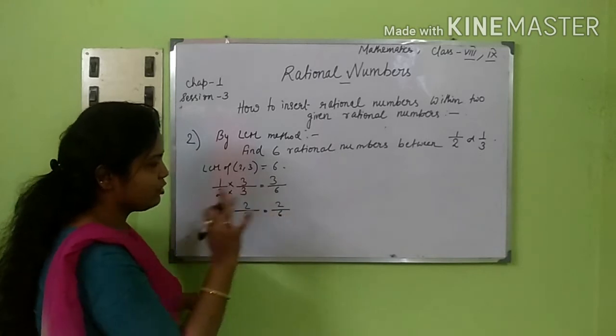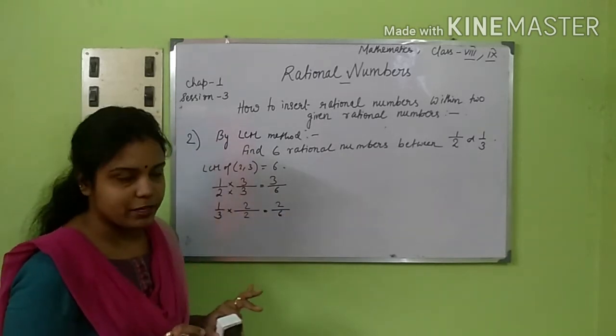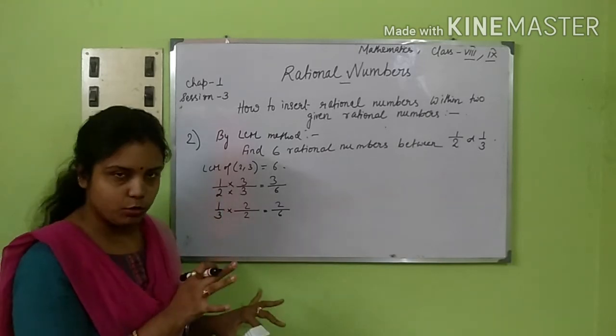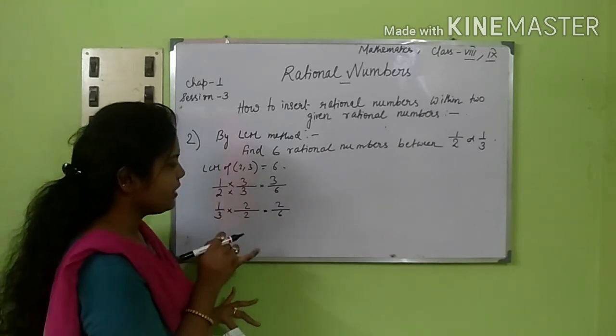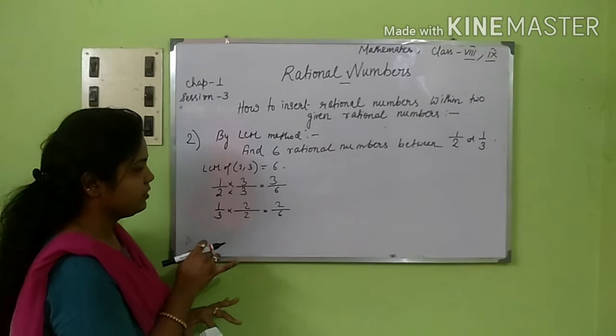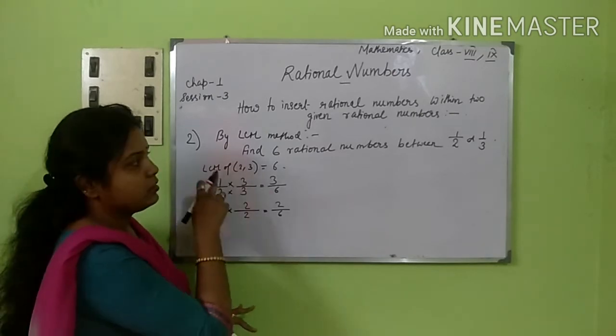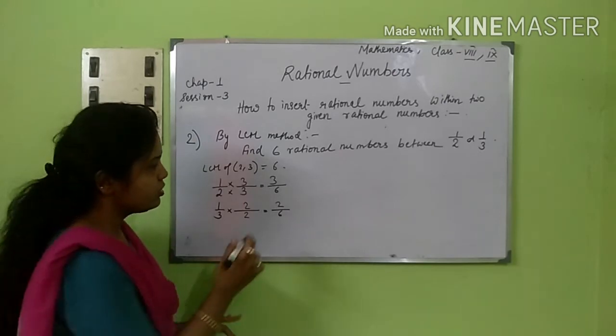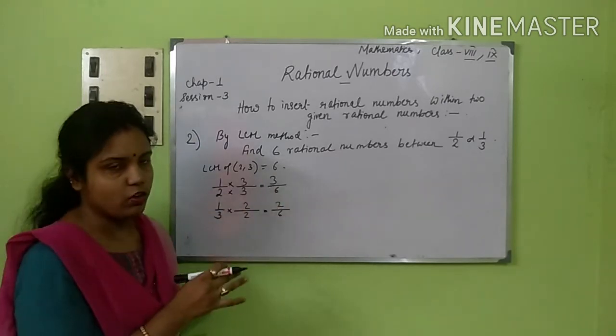So 3/6 and 2/6. Okay, I'm not going for any comparison now to say that 1/2 is greater than 1/3. No. Right now I'm going to move on with finding out the rational numbers in between 1/2 and 1/3. So these are the 2 values that we have got.